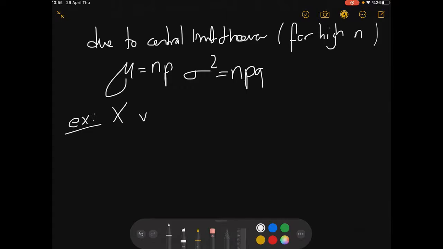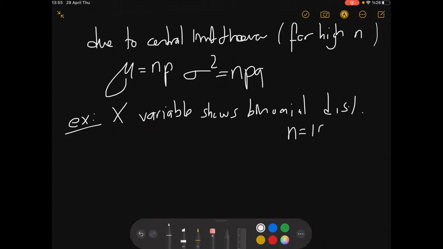So your x variable shows binomial distribution with n equals 10 and probability equals 0.5. All right. So let's calculate the parameters now. Your mu is the expected value as well.